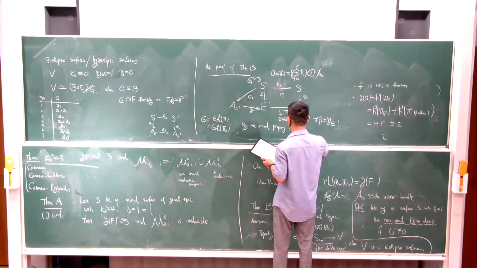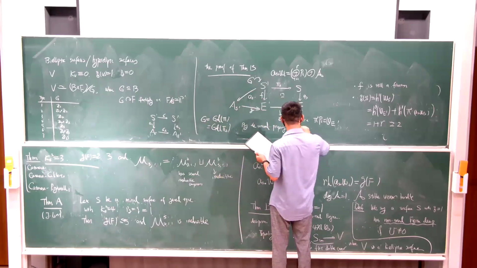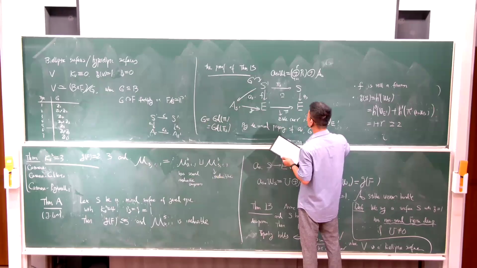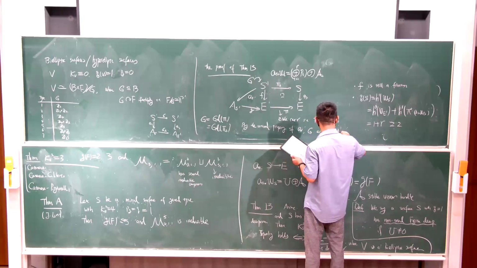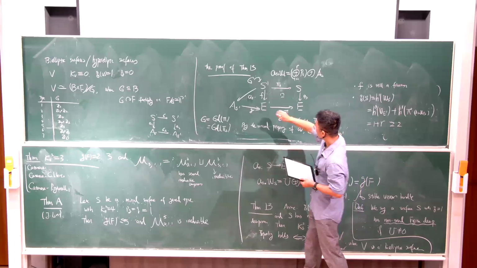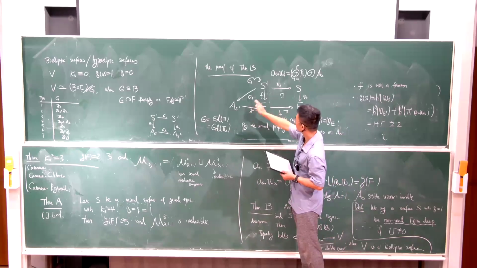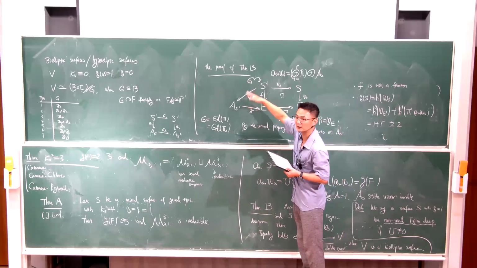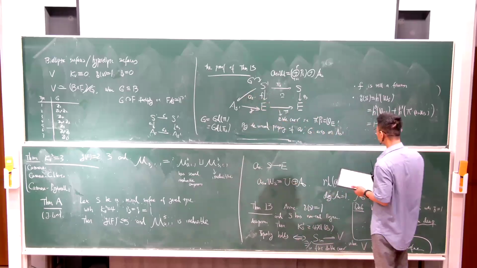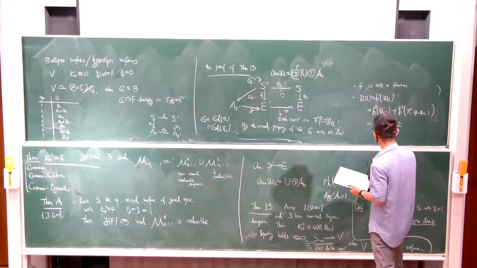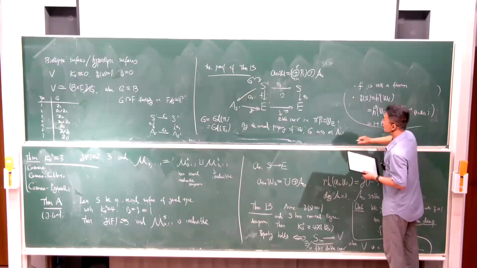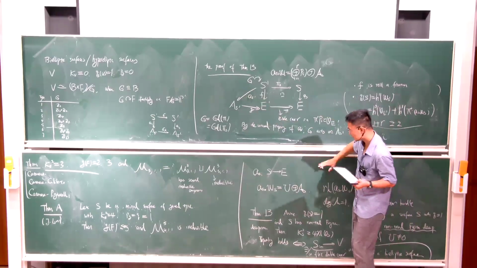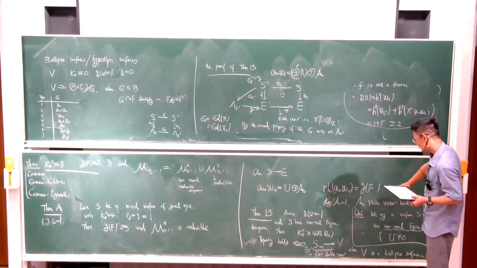So it means that this Albanese morphism is actually a G-equivariant morphism.